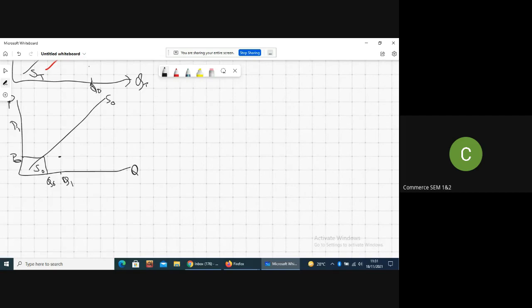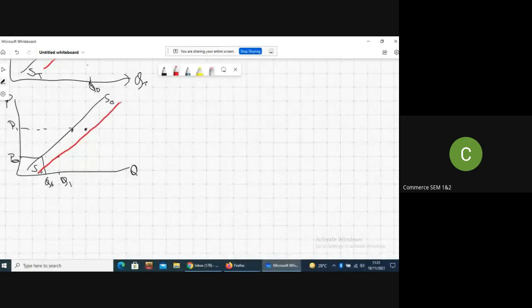With a different price P1, initially they are producing this much, and now with improved technology, they can produce a higher amount. If you join these two, you can see a rightward shift of the supply curve. So due to improvement in technology of production, the supply curve will shift to the right like this.